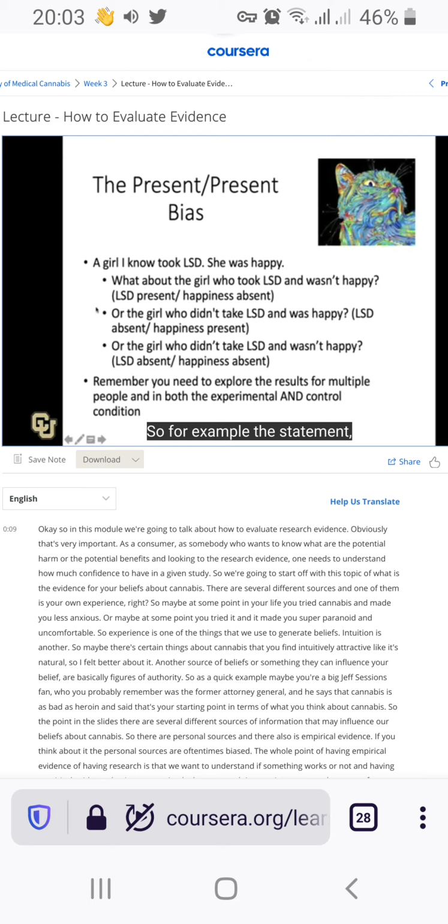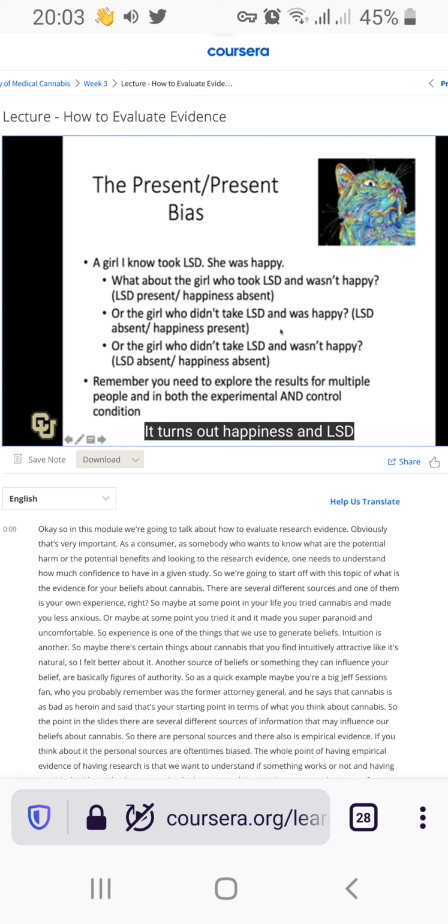There's another bias here called the present bias. So, for example, the statement, a girl I know took LSD and she was happy, right? Well, can you conclude that LSD made her happy? Well, what about, for example, the girl who took LSD and wasn't happy and had a bad trip? In that case, LSD is present, but happiness is not there. Or the girl who didn't take LSD and was happy, right?